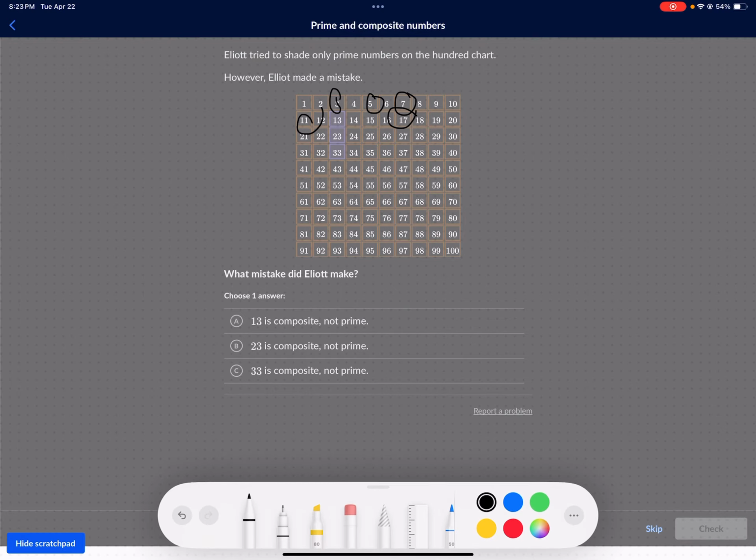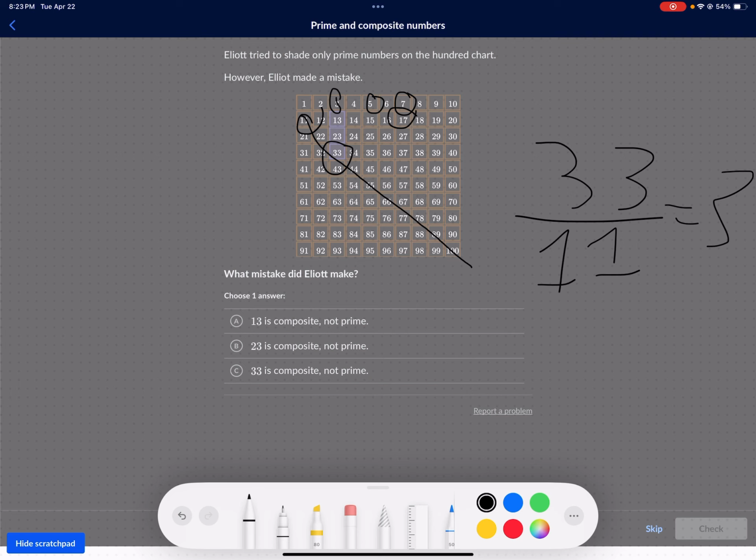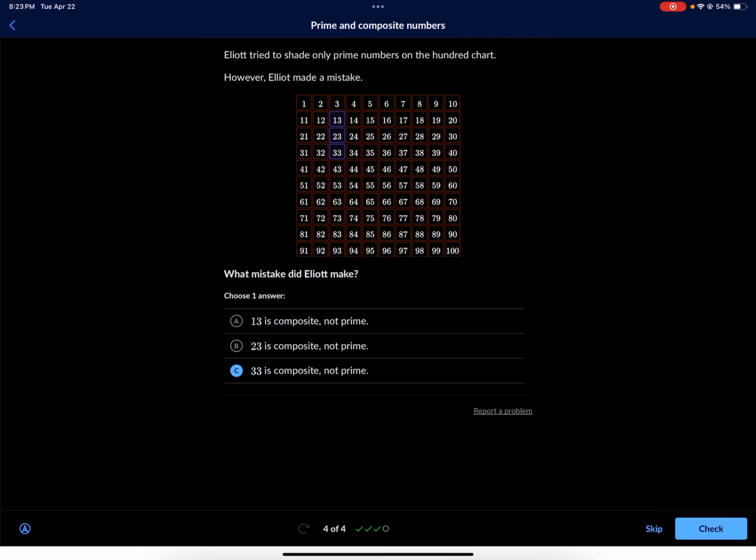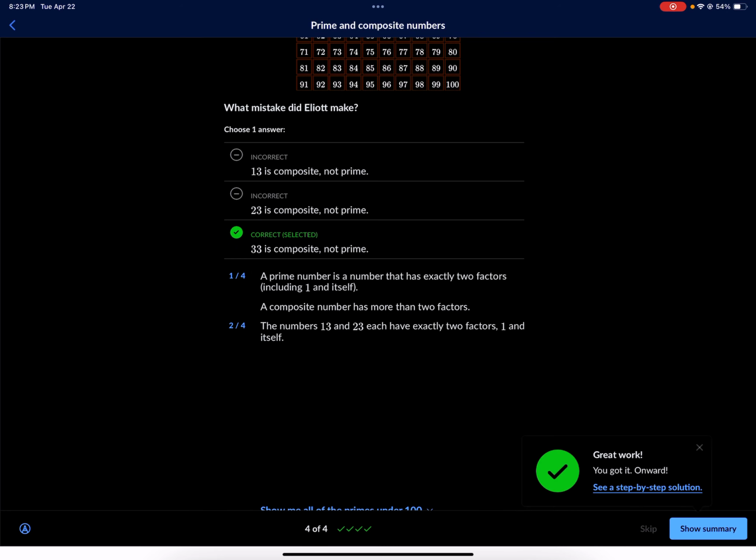It looks like 33. We're looking for the composite number here. 33, well, any number that has doubles. So this line right here, that will not be prime. And I know I drew that really bad. Okay, so 33 is composite. It's not prime. And yep, that's our step-by-step solution.